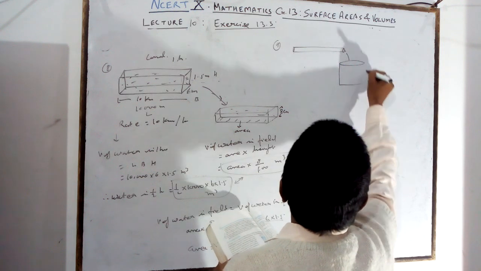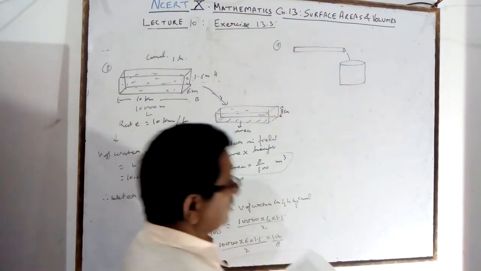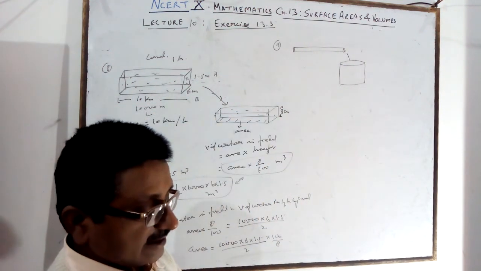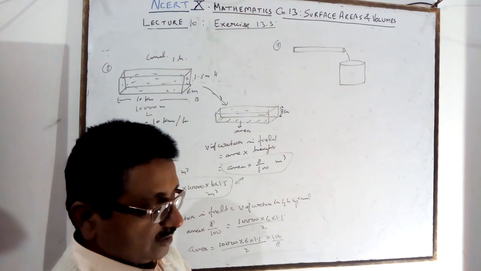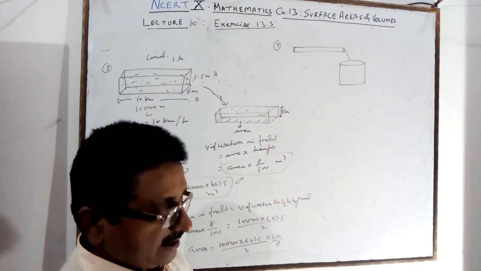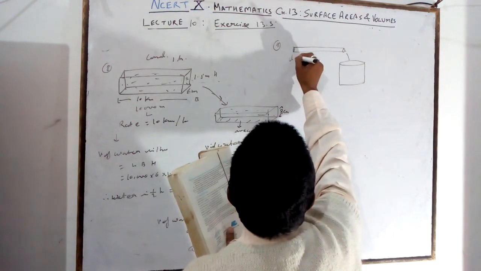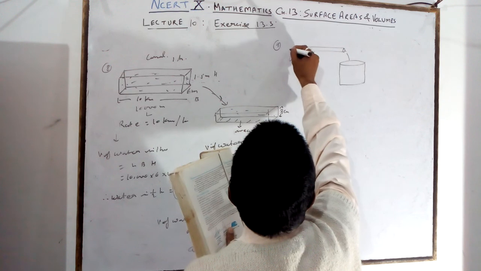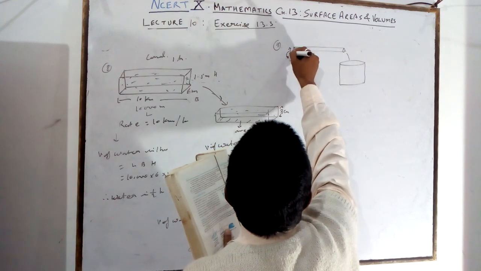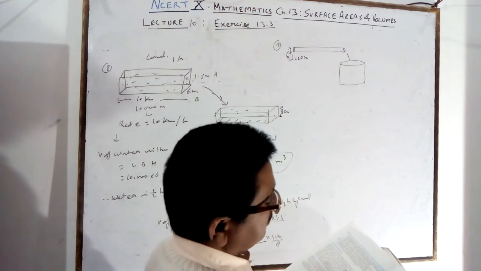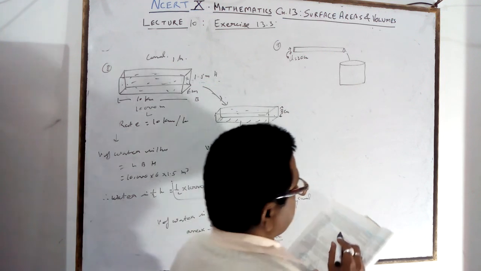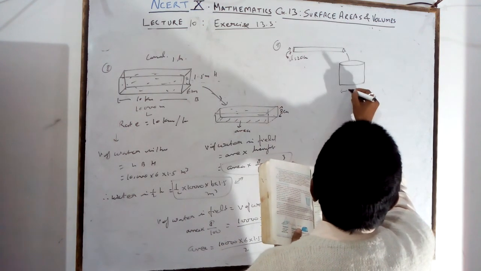In the field, there is a tank. From canal, pipe is connected to the tank, and the pipe diameter is 20 cm. The tank is 10 meter in diameter and 2 meter deep.